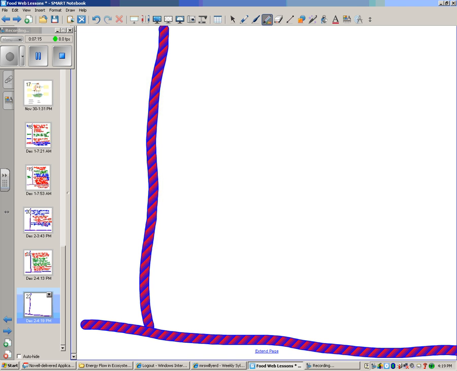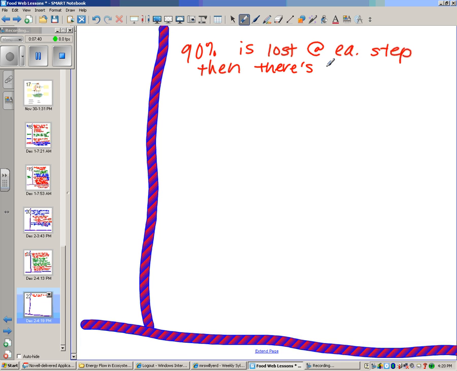Okay, so because that 90% is lost, I'm going to say at, so that's a little at symbol, at each step, then there's not enough energy to support a lot of feeding levels in an ecosystem.